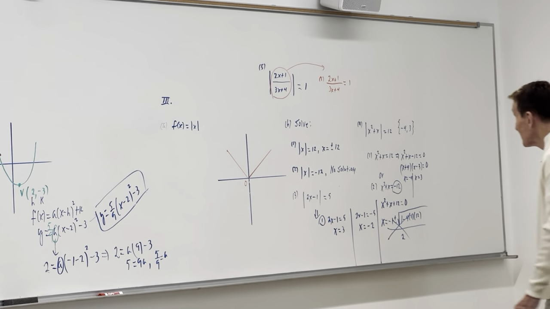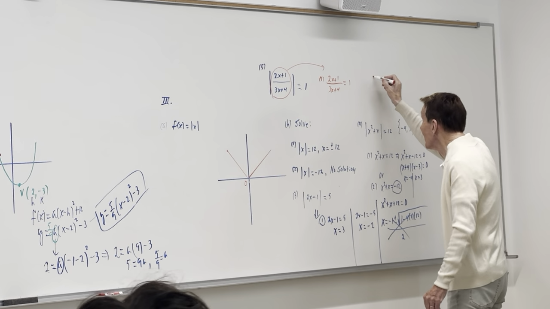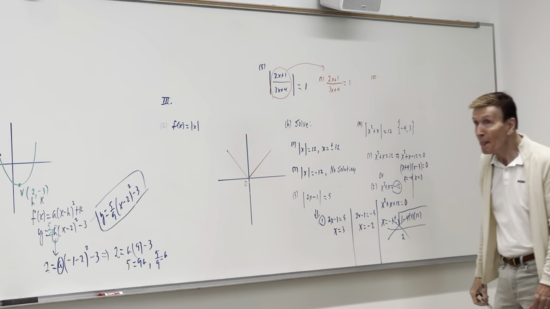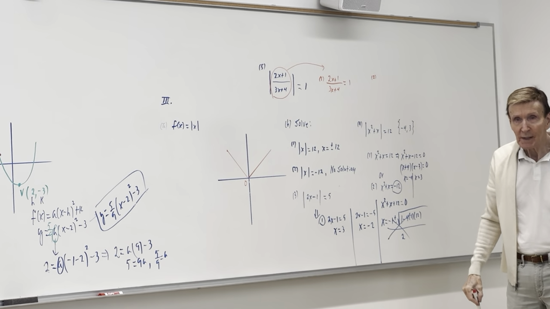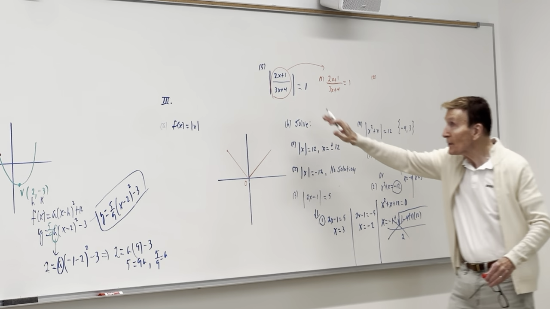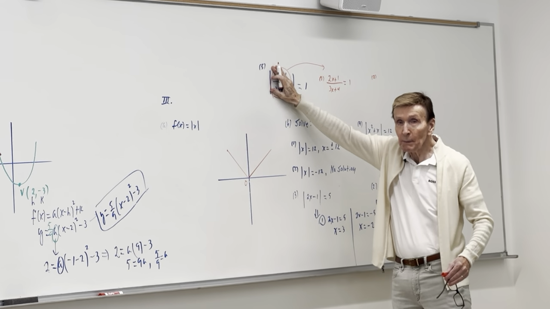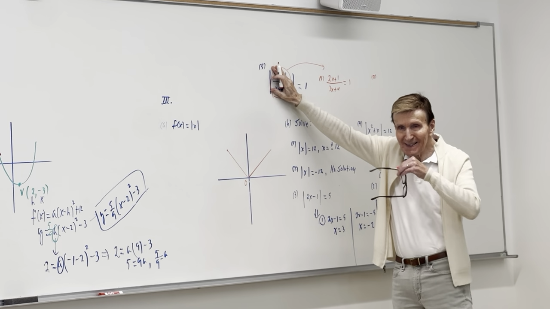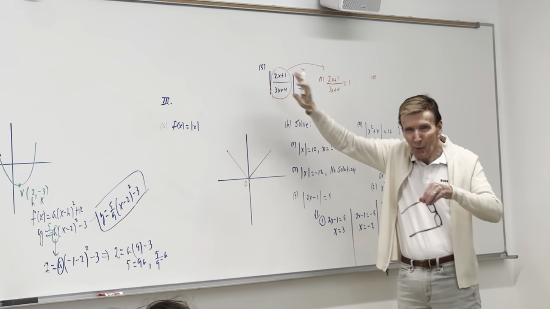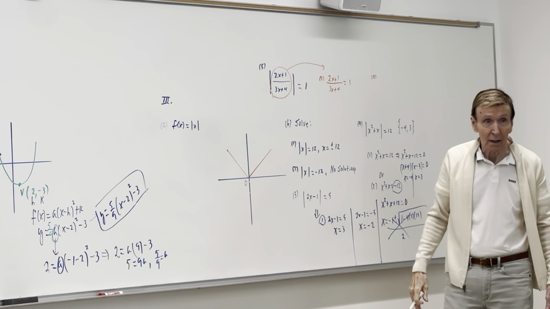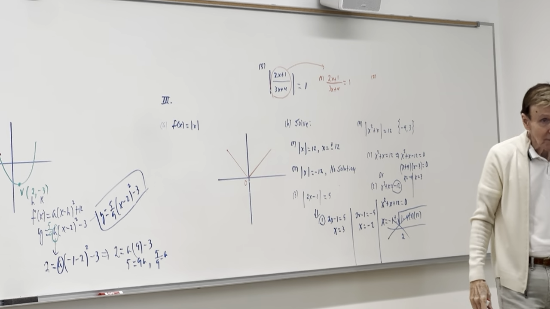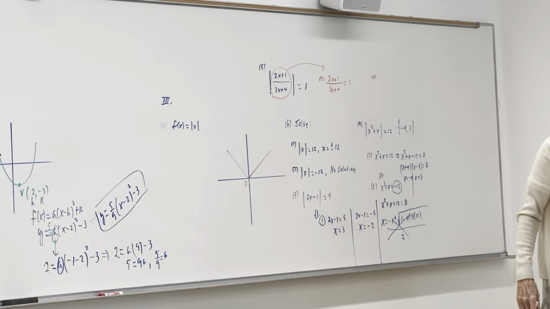Another possibility to make it work, I'll put it over here, if what? What else could be inside there? If all this were missing, 1 could be placed inside for sure. What else could be placed inside if this were missing to get a 1 to come out for an answer? Negative 1. Is the absolute value of negative 1 also 1?